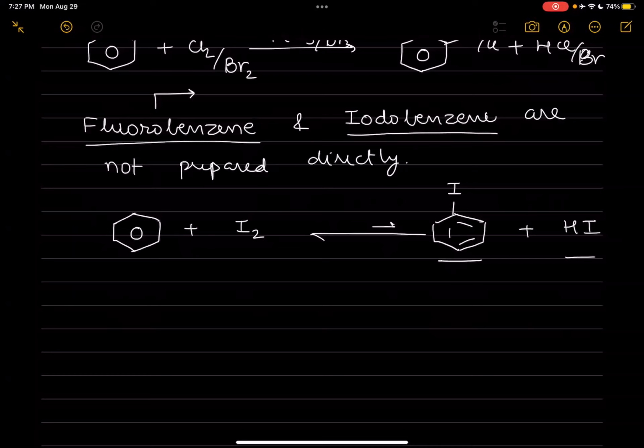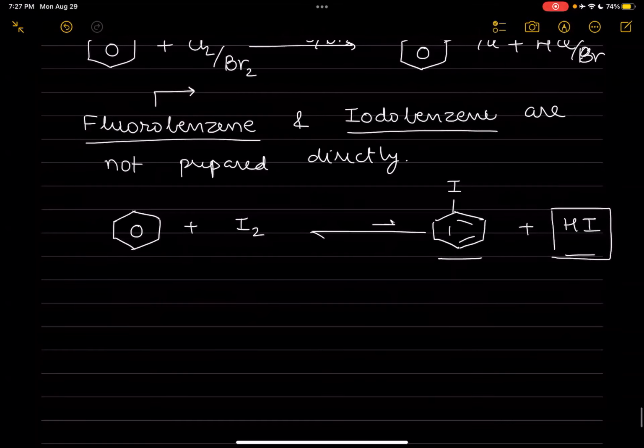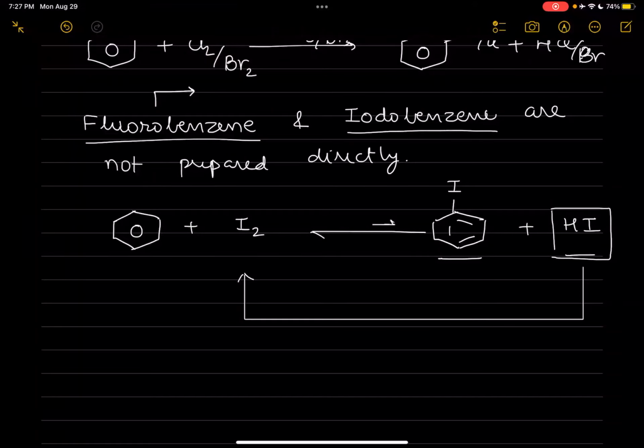Actually, the reaction is not getting completed, so you can take something which can push the reaction in the forward direction, and you can remove the products.